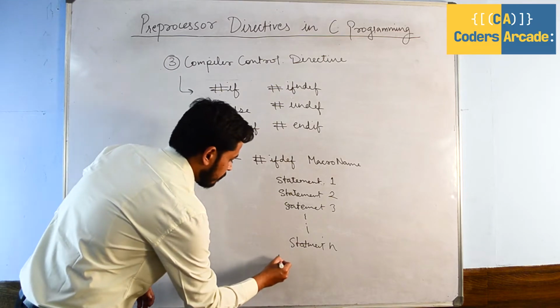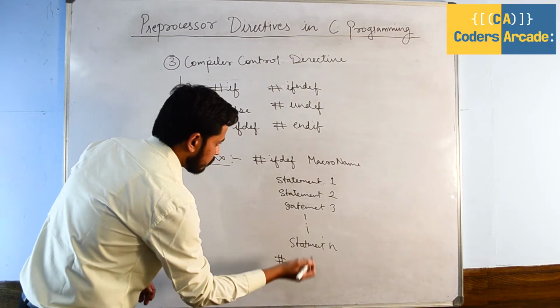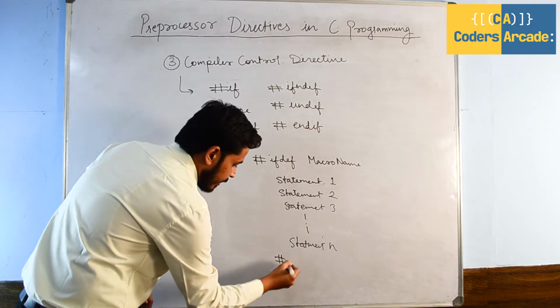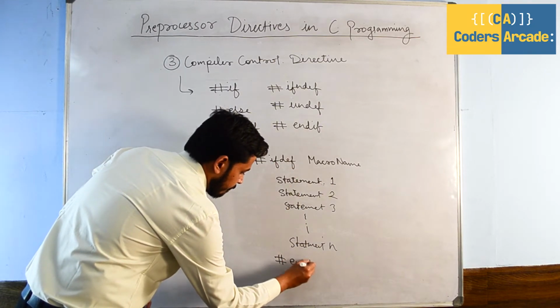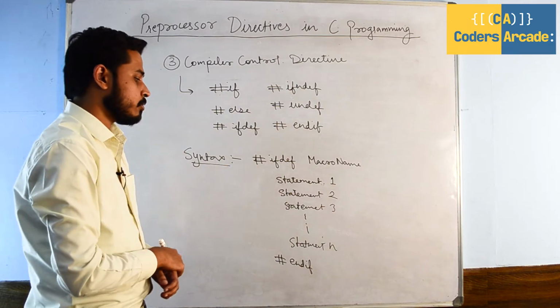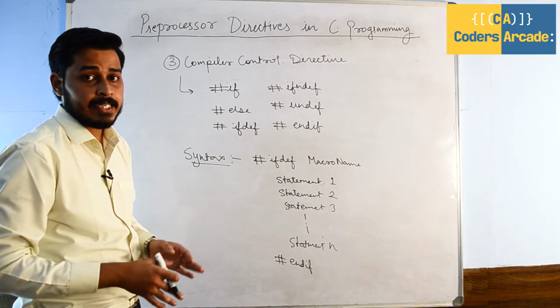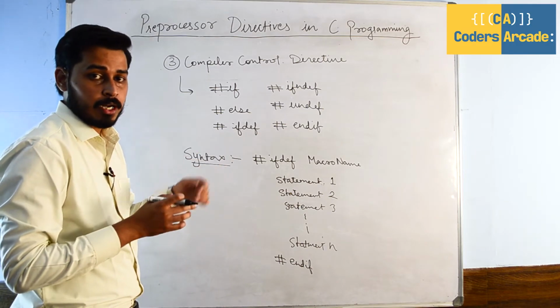And then we will end our program. Because we started with ifdef, now we'll end it using the endif directive. You will understand this kind of directive properly when I show you the program for this.